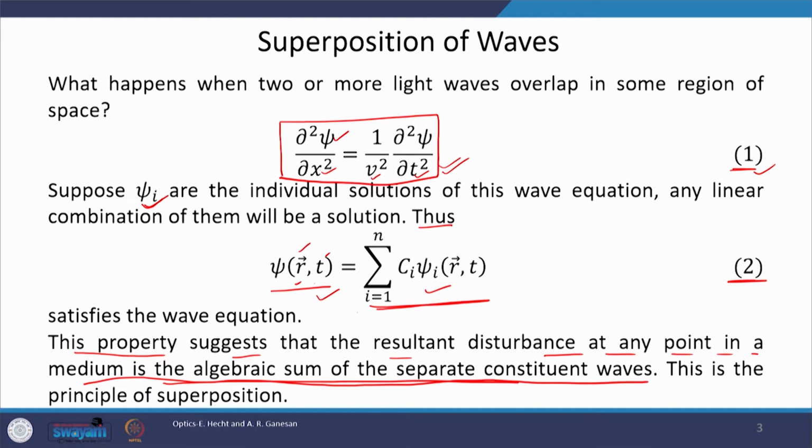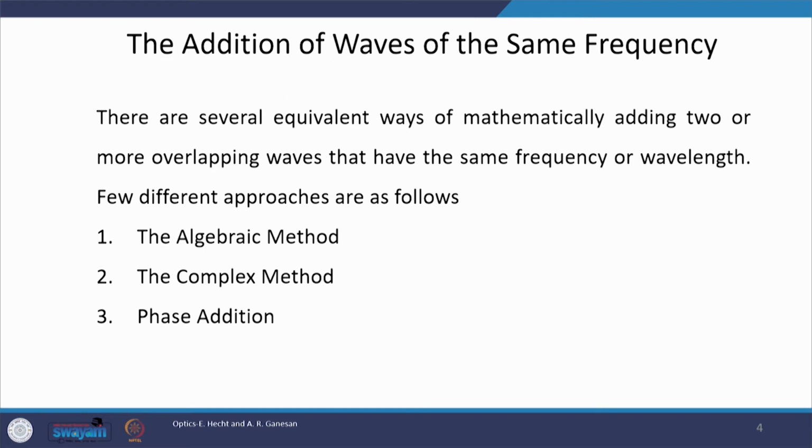Now we will exercise this superposition principle and see how the resultant would look like, okay. To address this problem mathematically, several equivalent ways have been proposed, because this problem is nothing but addition of waves.